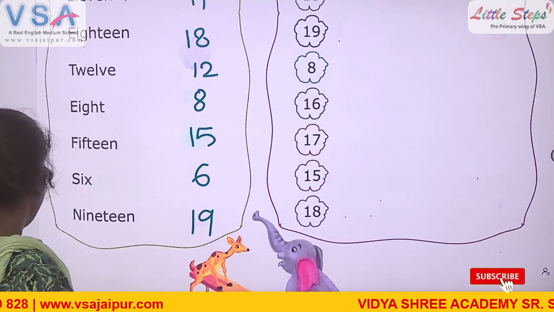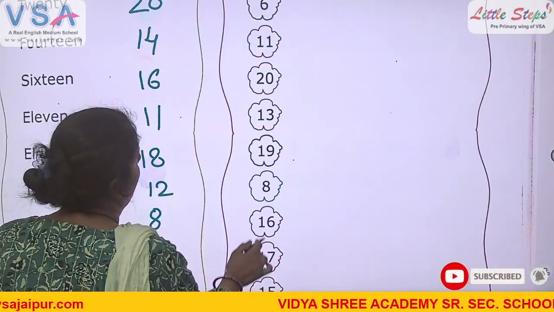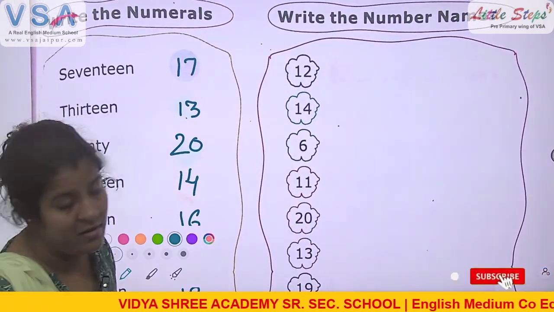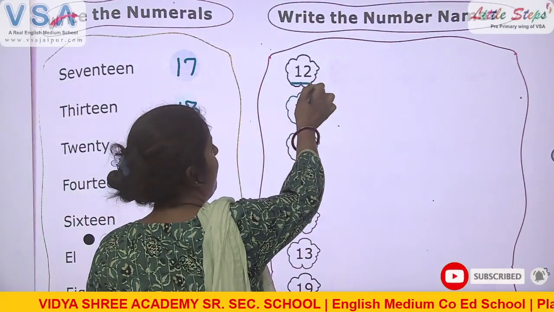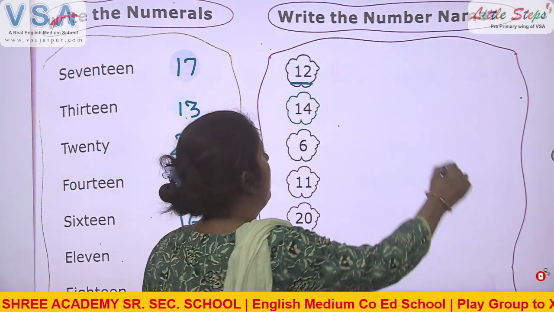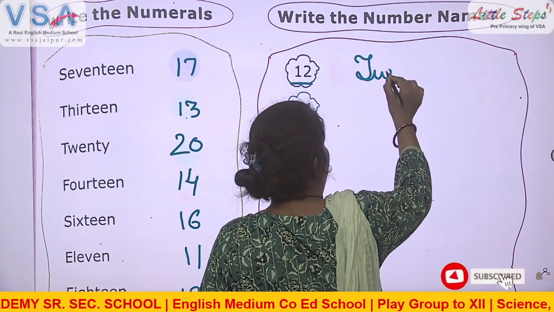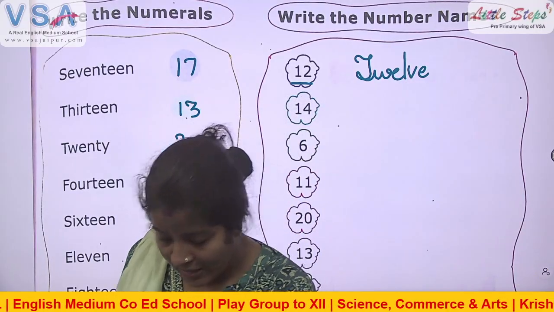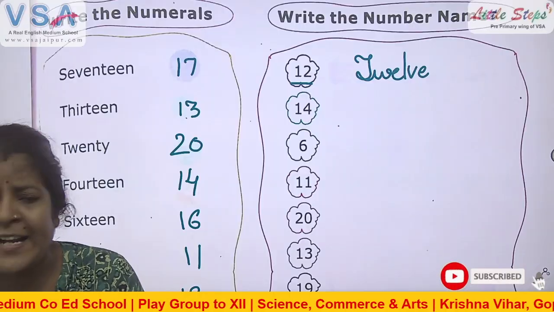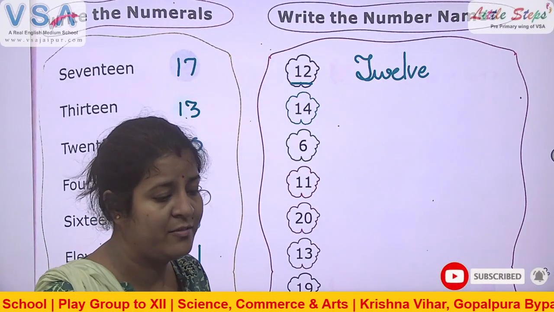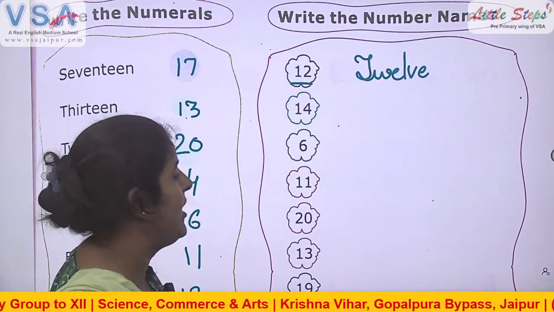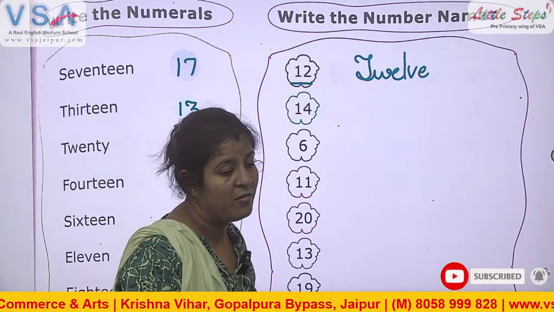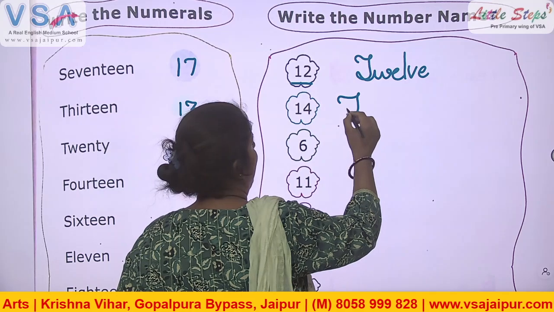Okay, the next question: write in numeral form, write in number name. What is the next number? 12. What is the spelling of 12? Twelve. Write the spelling of 12. Okay, next number. Write the spelling of 14.